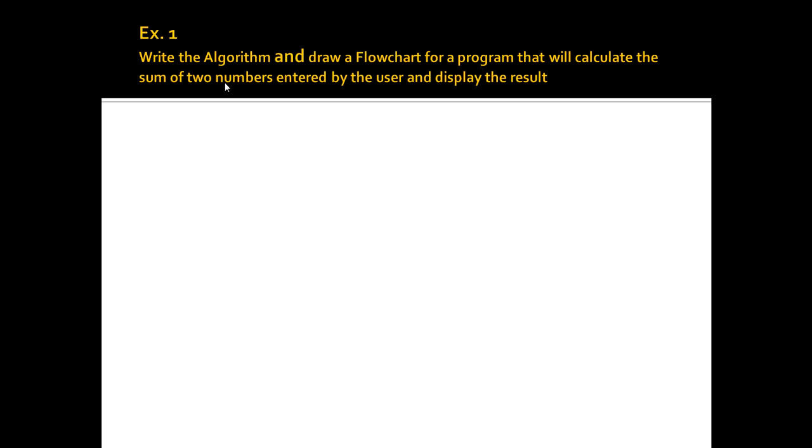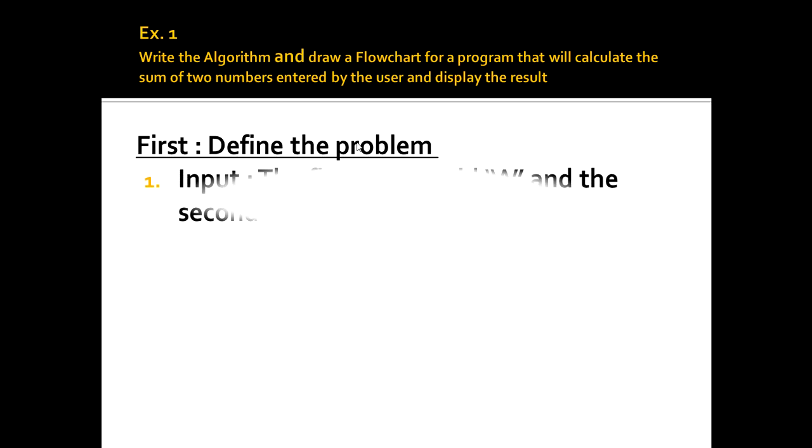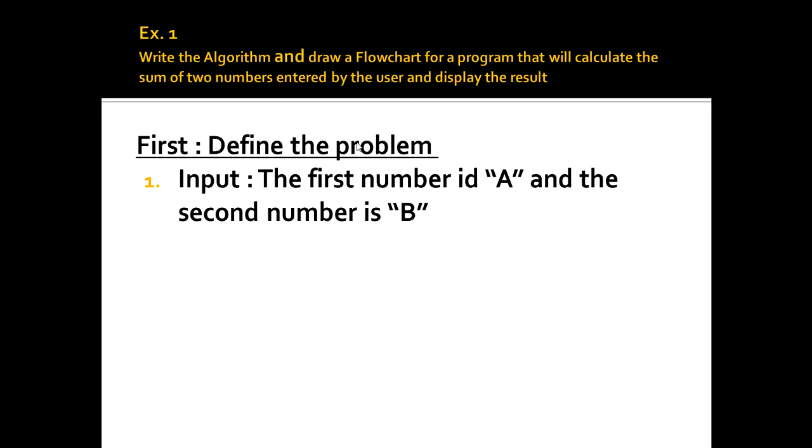As we said, we need to identify the input, the process, and the output. So first you need to define the problem. Identifying the input, the process, and the output is called defining the problem. For the inputs, we need to give the 2 numbers any 2 variables, the same as in math.